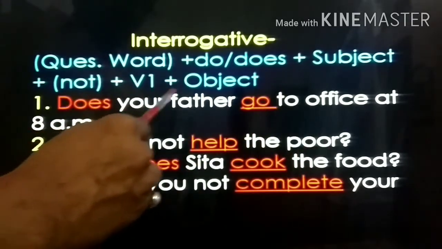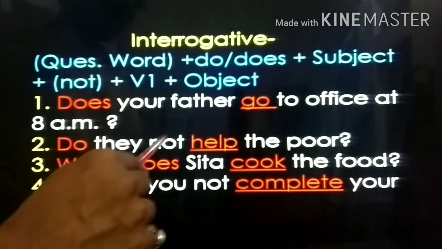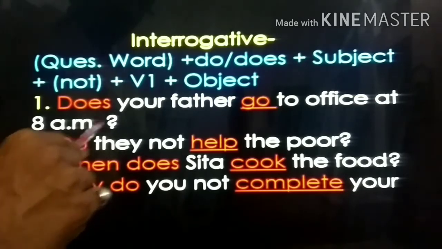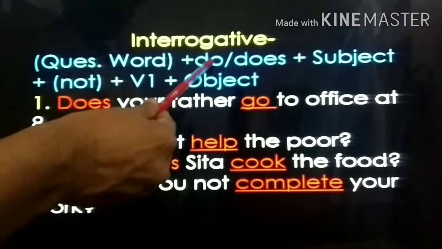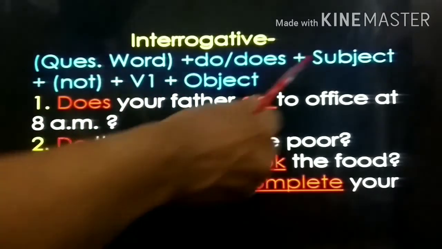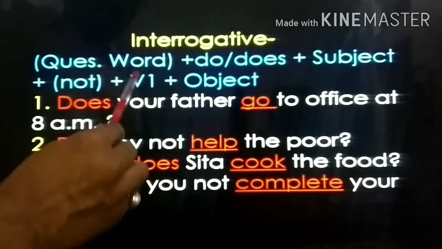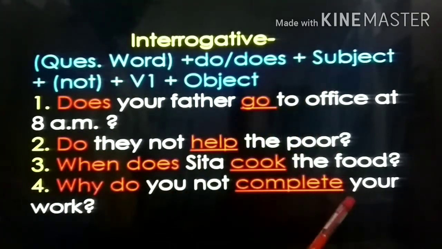Do they not help the poor means this is interrogative and negative also. Now look at the rule. First of all, we have used do, after that subject, after that not, first form and object. If any extra word is also given, we will write it after this.